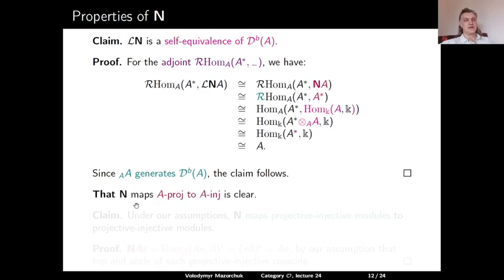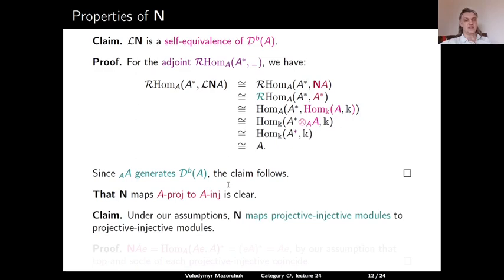The fact that the Nakayama functor maps projective modules to injective modules follows directly from the definition. We claim that under our assumptions, the Nakayama functor maps projective injective modules to projective injective modules. To see this, let us compute N of the projective module AE.